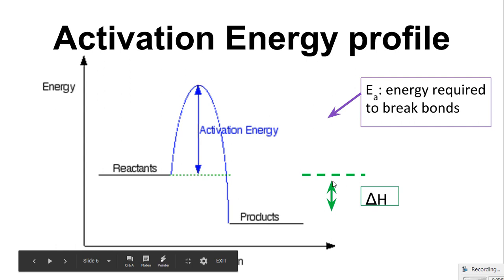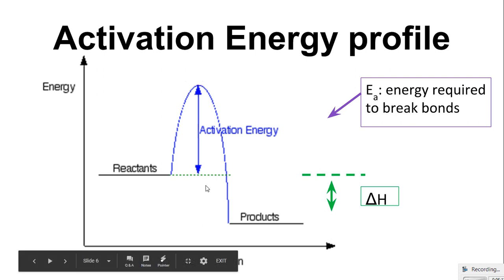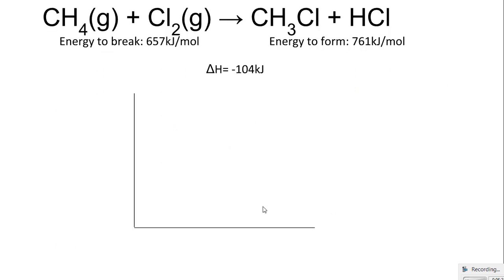However, the actual enthalpy is this difference here. So we don't count all of this as the enthalpy, because remember, enthalpy is just the change from the reactants to the products, and so that's just this little bit here. So if we look at that same example that we did, it was 657 kilojoules per mole to break all of these bonds on the reactant side, 761 kilojoules per mole to form all of these bonds on the product side, which was a change in enthalpy of negative 104 kilojoules.